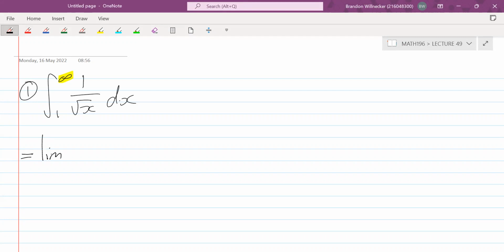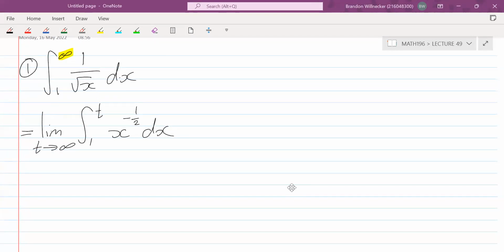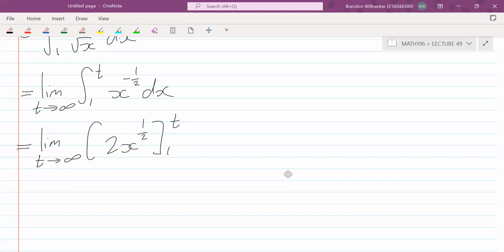So this will be the limit as t goes to infinity of the integral from 1 to t. We can do that, no problem. Then we have x to the minus 1/2 dx. We can leave the limit alone for now and focus on the integral. We add 1 to the exponent to make it a half and divide by that, which gives 2, so it will be 2x to the half from 1 to t.